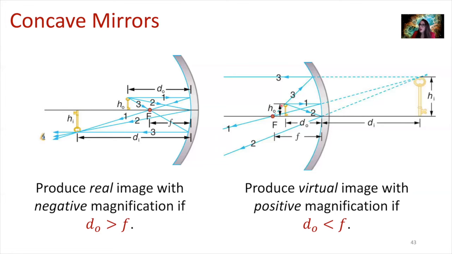And this situation creates a virtual image, an image on the opposite side of the mirror from the object. And positive magnification means that image has the same orientation as the original object. So if the original object was upside down, the image is upside down. If the original object is upright, then the image is upright.